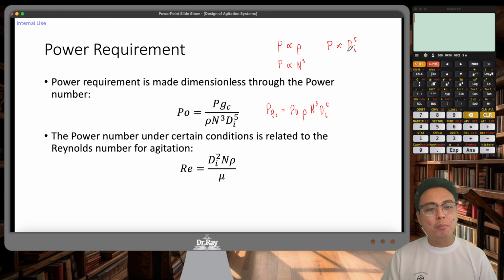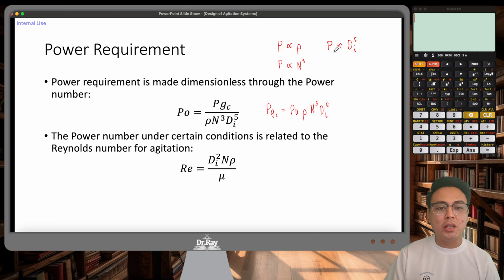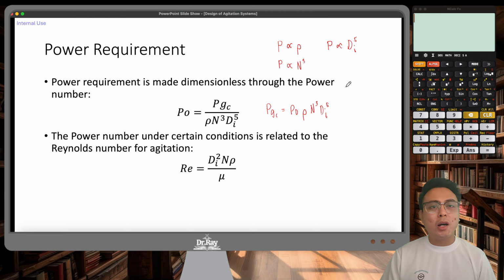That's why impeller diameter has such a large influence on the power consumed. That's also the reason why we don't necessarily want to always maximize the impeller diameter such that it fits the diameter of the tank, because it has a very big implication on the power requirements.